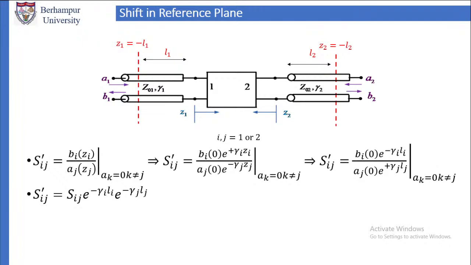Suppose I give one example: S parameter is given for a two port network, S is equal to 1, 2, 3, 4. Then it is shifted by an amount L towards the left side only. What will be the new S parameter? That can be your question.